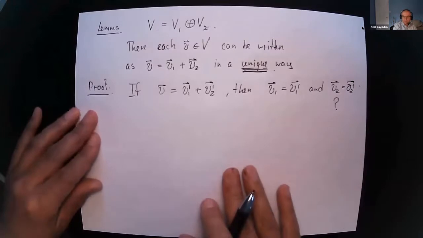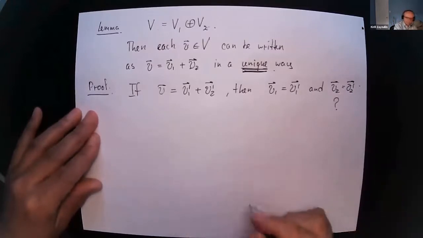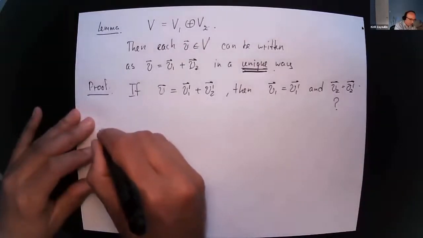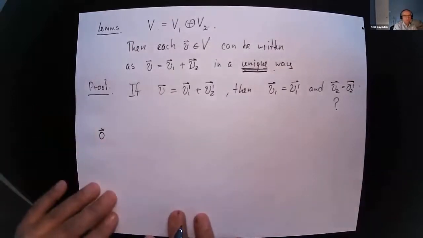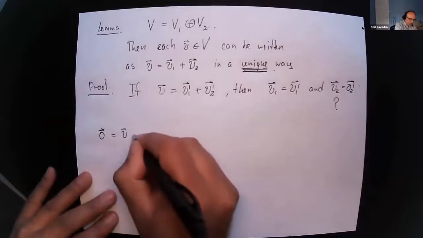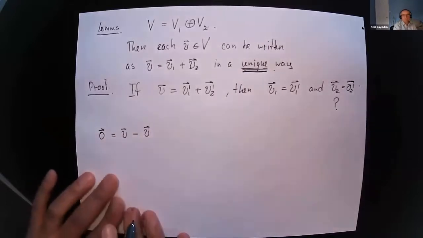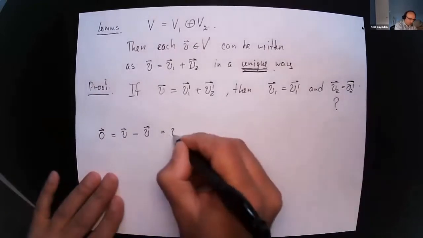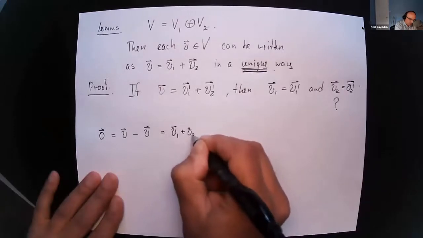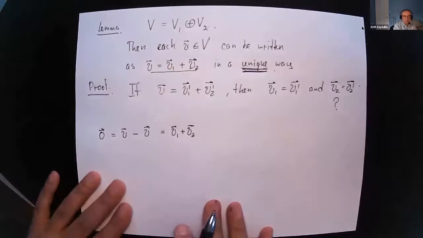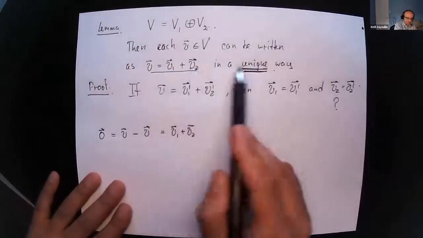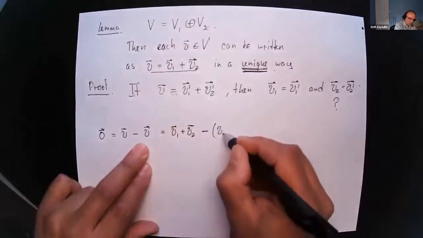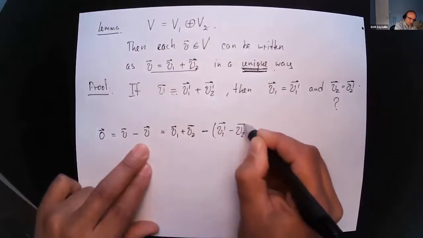Okay, good. Let's just demonstrate this. First of all, let's look at the zero vector. How can we write it down? Of course, we can write it as V minus V. Now I can also write it like this: instead of the first copy of V, I put the given presentation, and then I substitute my second copy of V by V1 prime plus V2 prime.